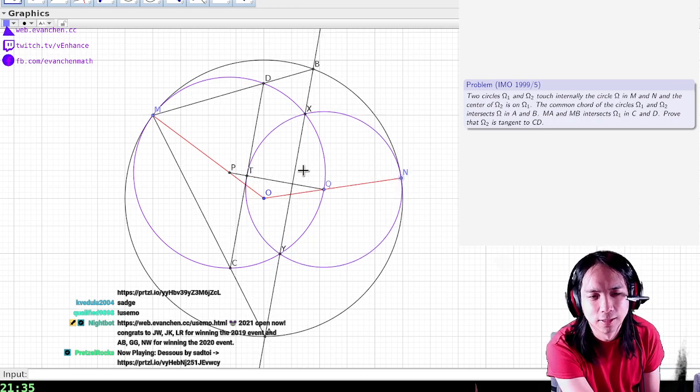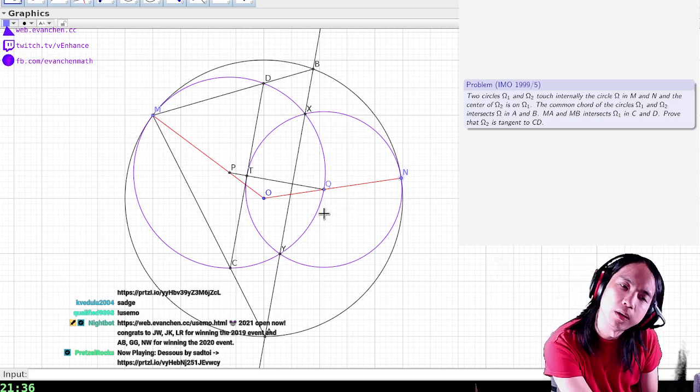And why is the tangent here? What can I do with that? Why is that there?